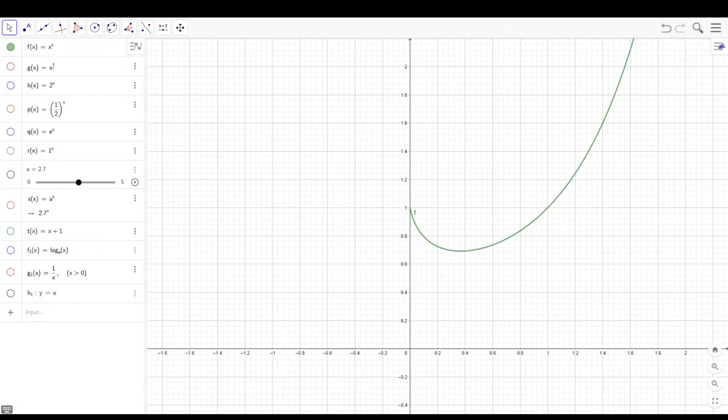So the question is, if I wanted to differentiate that function, what does it even look like? And how do I do it? Let's have a look at how we might do it.